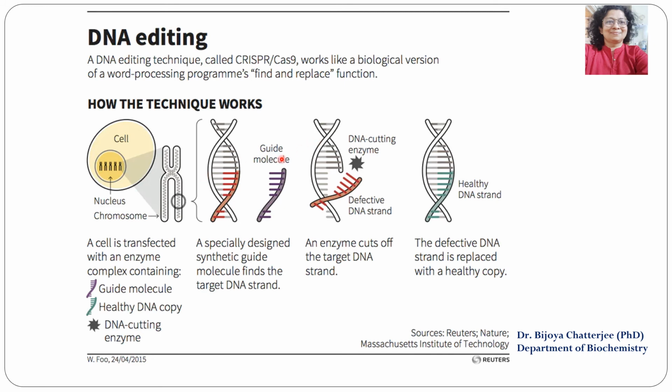Now the guide molecule, which is a specifically designed synthetic guide molecule, will go and find the targeted DNA strand present in the chromosome. The enzyme endonuclease, that is the Cas enzyme, will cut off the target DNA strand and the defective DNA strand is replaced by a healthy copy. So this is the basic idea of DNA editing.